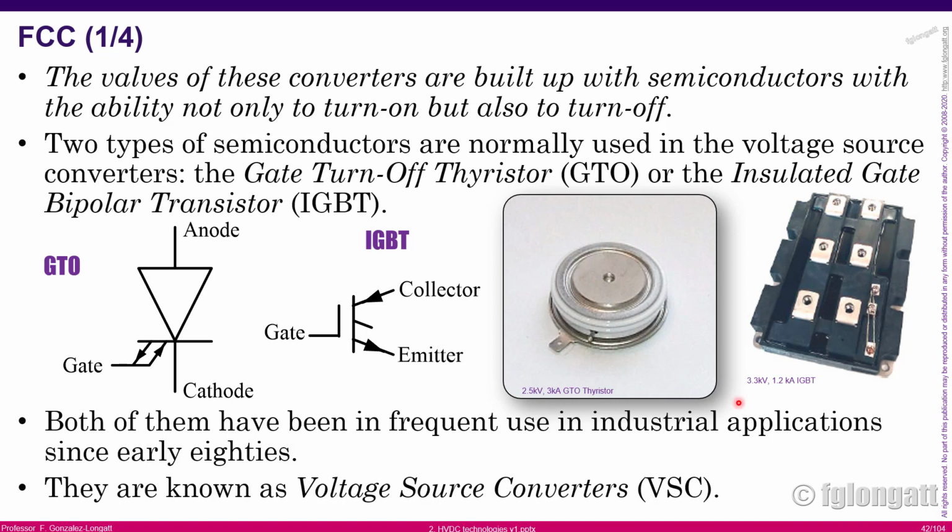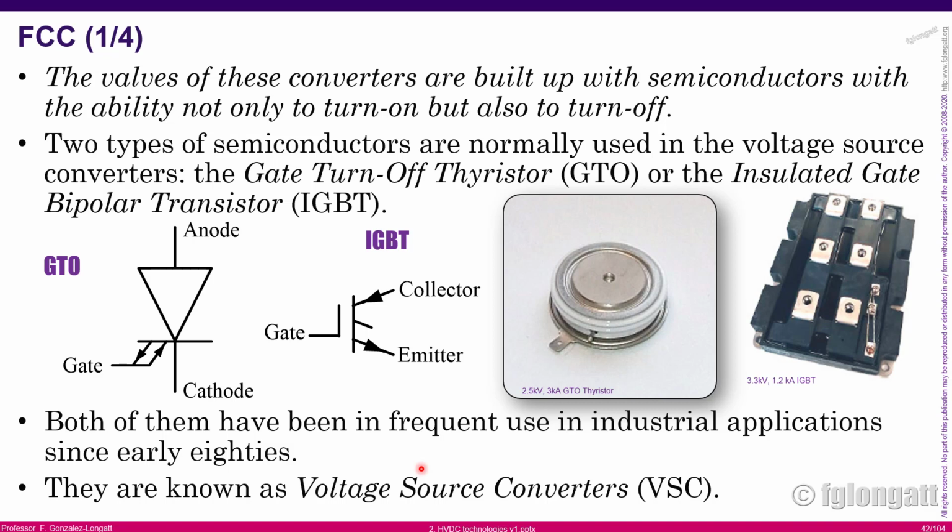What you need to understand, and that is extremely important at this moment, is that the converters created when you are using GTO or force-commutated devices receive the name voltage source converters. Voltage source converters are very important converters because they have more controllability.